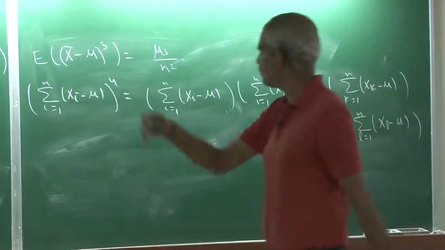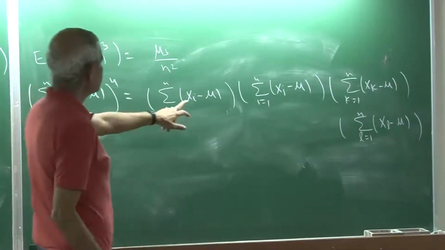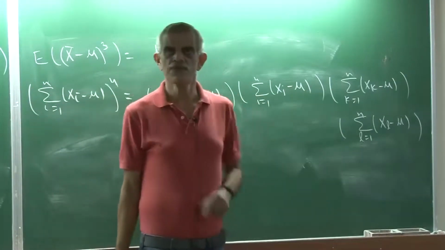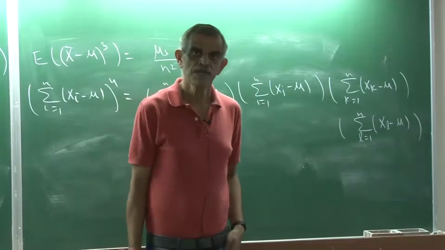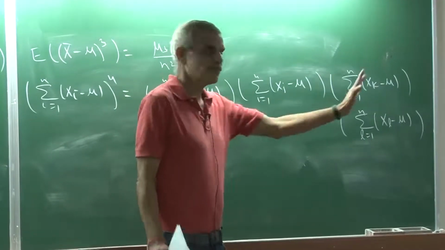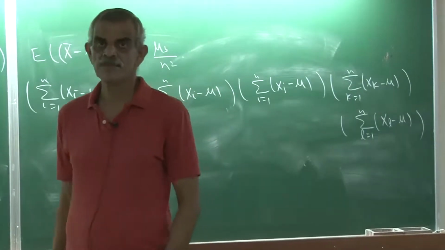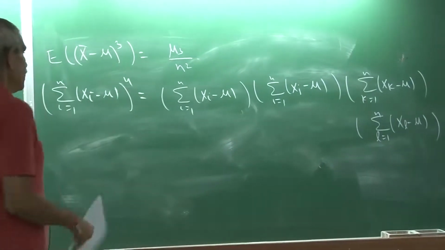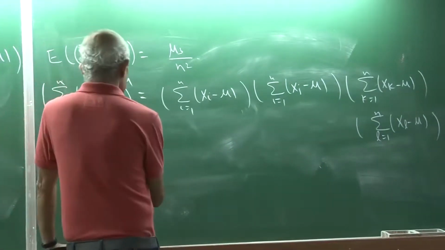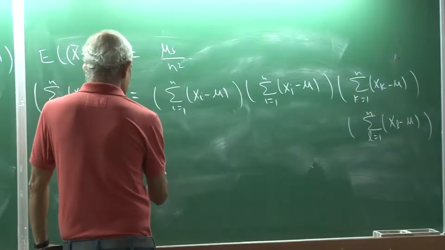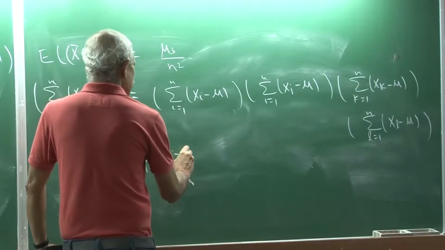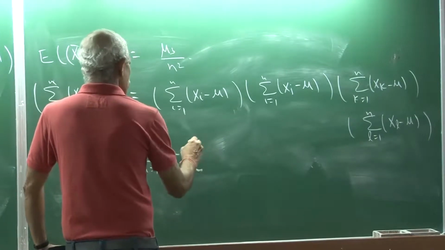So again, the same kind of scenario: each of these sums will contribute one term in the product. One possibility is that all of them give the same term, which is summation i equals 1 to n of (xi minus mu) whole power 4.